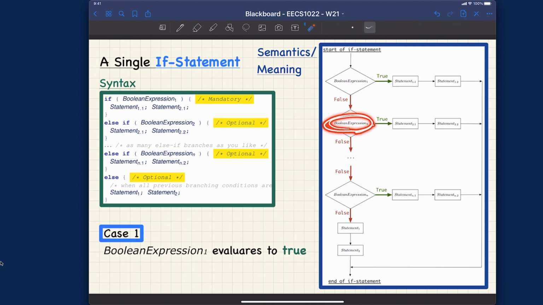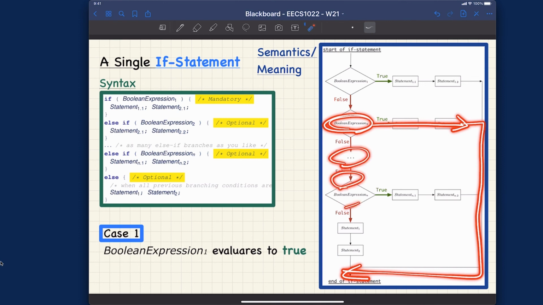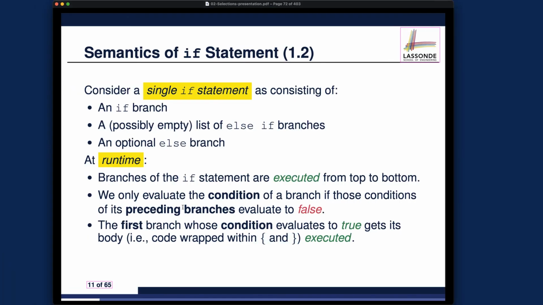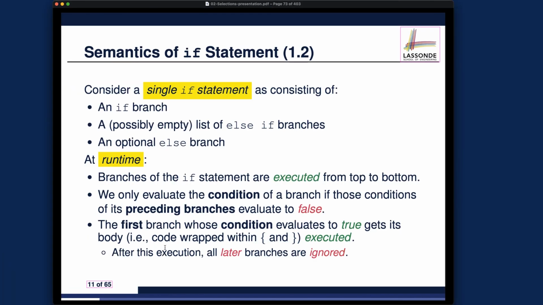You're going to execute the body of that branch, and then go all the way to the end. Any branches after that will be bypassed, simply ignored. We're going to see examples to see exactly how things work in different cases. After this execution, all later branches are ignored, as I illustrated.